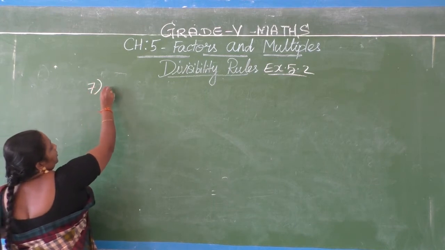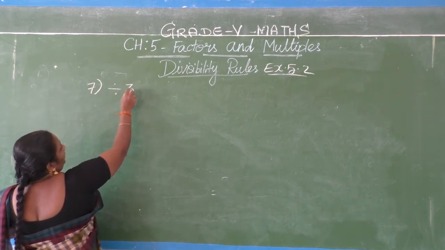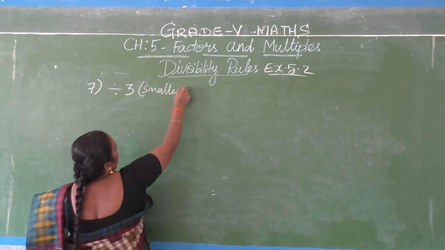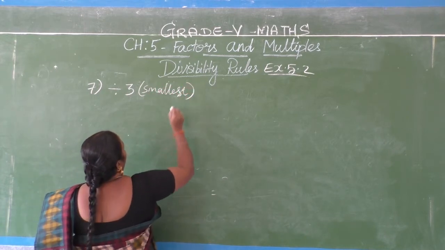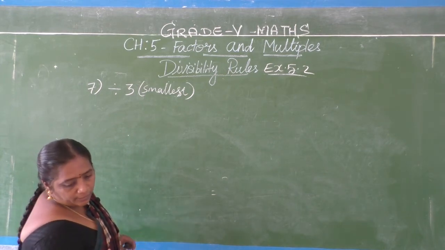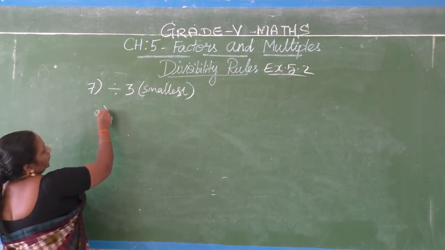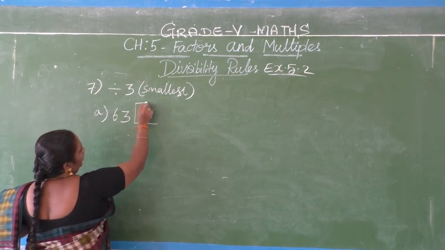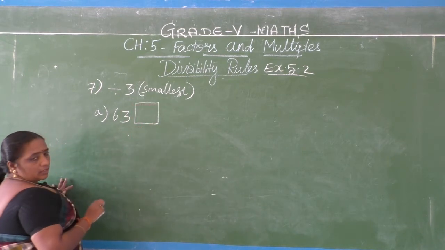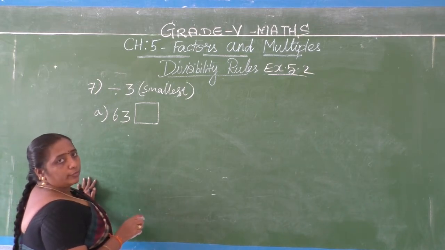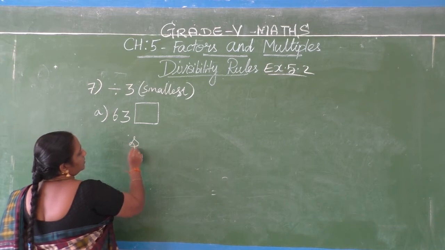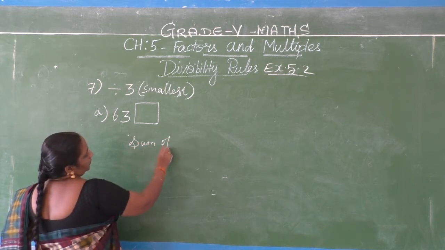We are going to check whether the number is divisible by 3 or not. We have to fill with the smallest number. The first sum they gave is 63, with a dash, and we fill in that number. Okay, what is the rule for 3? Sum of all digits, is it or not?